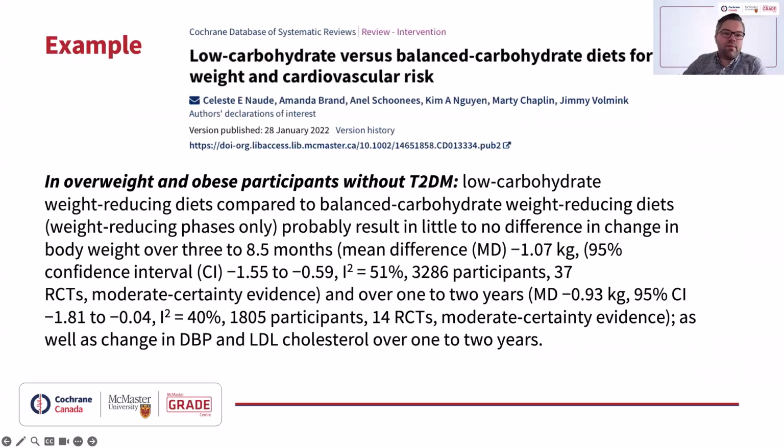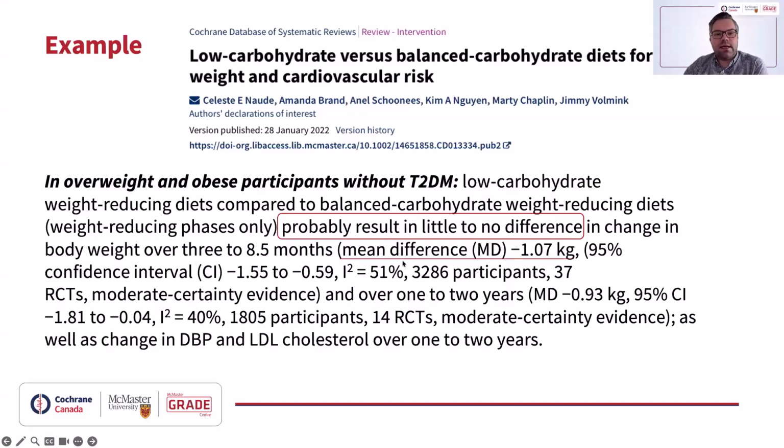As an example, from a 2022 Cochrane systematic review on low carbohydrate diets versus balanced carbohydrate diets, we see here the summary of the effect estimates and the conclusions from the abstract, where the authors note that in the subgroup of overweight and obese participants without type 2 diabetes, low carbohydrate weight reducing diets compared to balanced carbohydrate weight reducing diets probably result in little to no difference in change in body weight over 3 to 8.5 months.